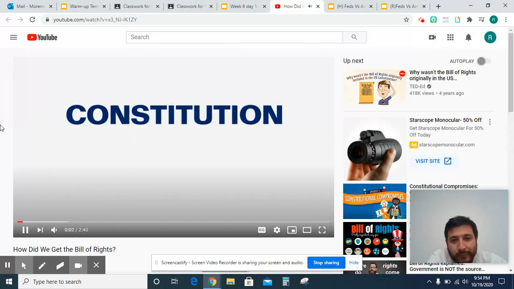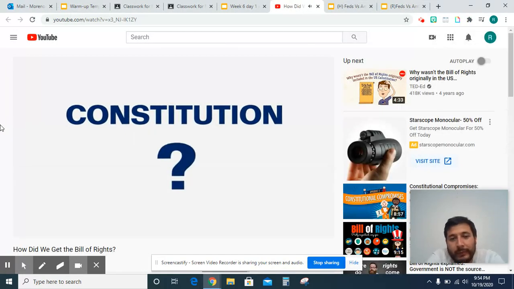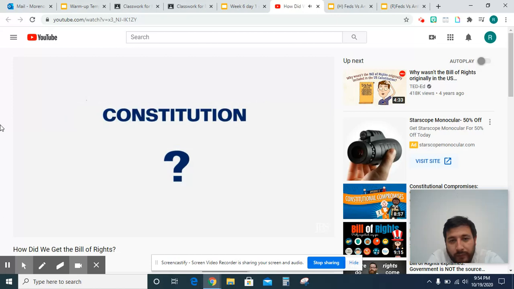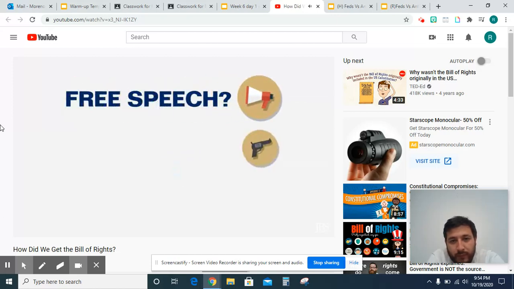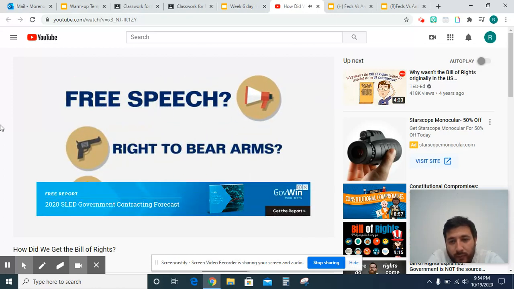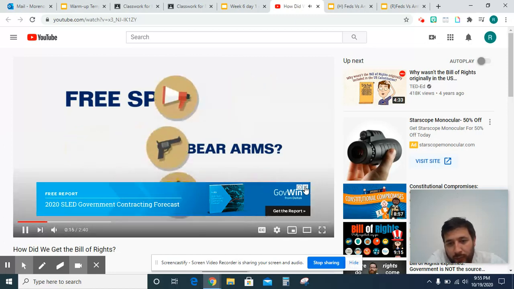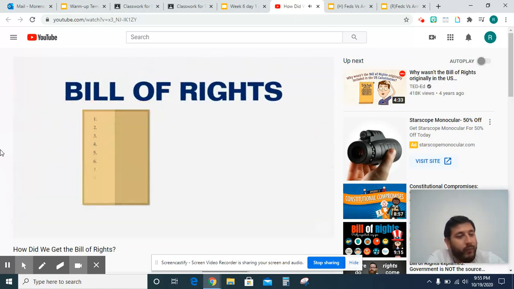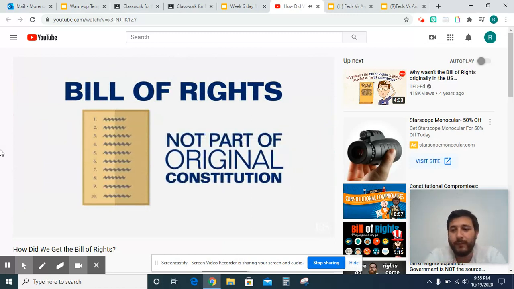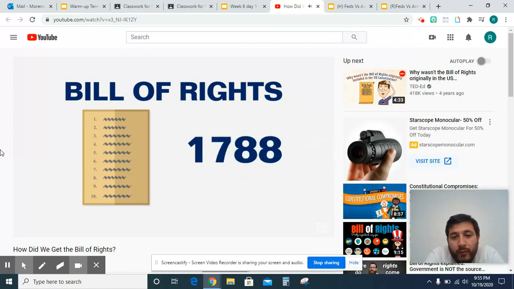When you hear the word Constitution, what's the first thing you think of? Is it free speech? The right to bear arms? Or the right to a speedy and public trial? These individual liberties, known as the Bill of Rights, were not part of the original Constitution. Instead, they were added 3 years later.